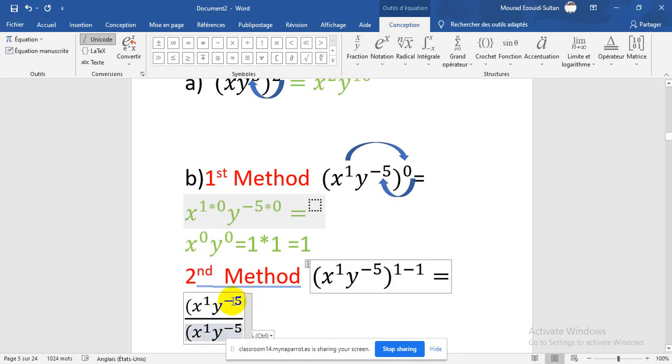All to the power 1, x to the power 1 divided by x to the power 1 is 1. y to the power negative 5 divided by y to the power negative 5 is equal to 1. Clear? This is the second method, my learners.